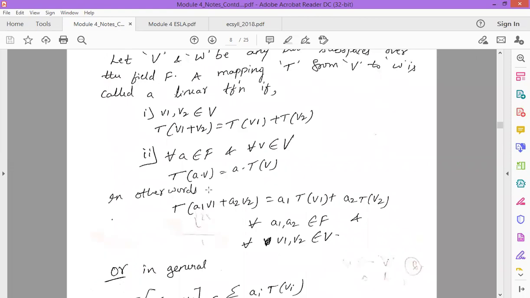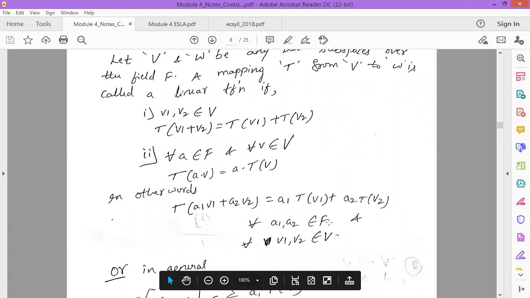The second is, for all A belonging to F and for all V belonging to V, the transformation of A times V must equal A multiplied by the transformation of V. In other words, the transformation of A1 V1 plus A2 V2 must equal A1 times transformation of V1 plus A2 times transformation of V2, for all A1, A2 belonging to F and for all V1, V2 belonging to V.